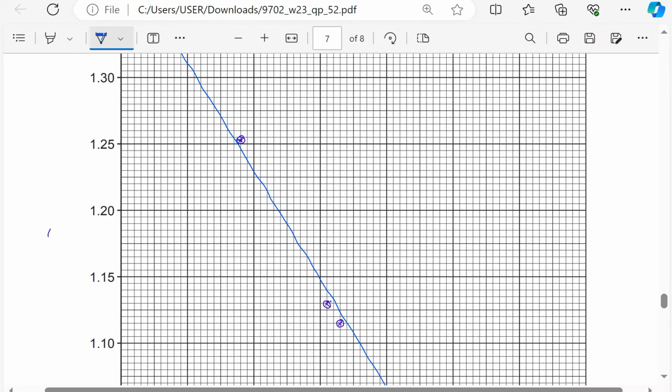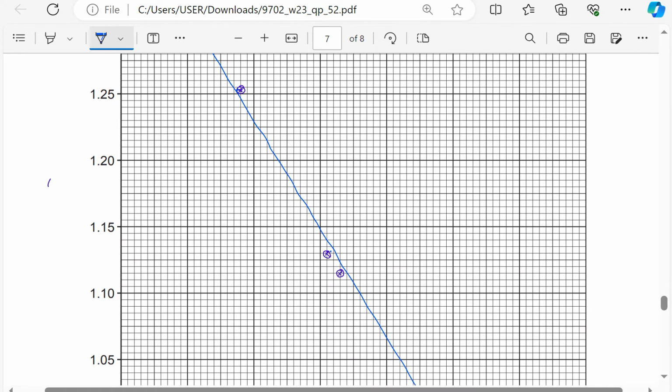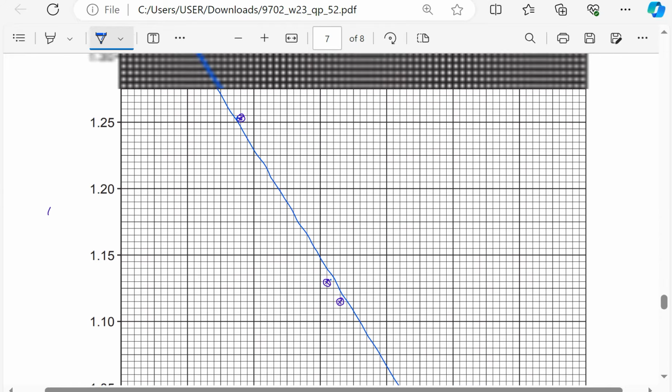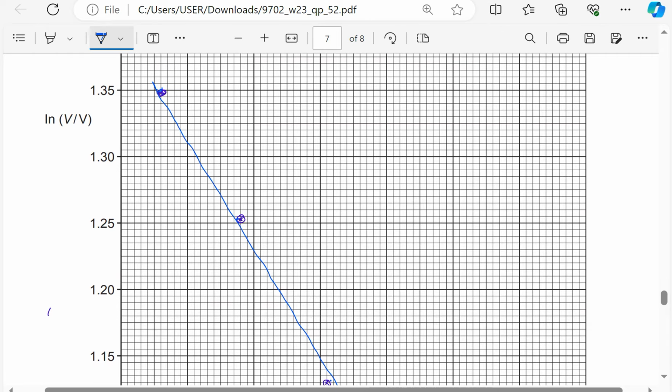I can't just extend it downwards; it doesn't really make good sense. I have to put the line once to ensure that the points are balanced. So I'll just use this line. You can draw a better line of best fit. So using this line, which I've just drawn, I will label it: this is the line of best fit, or best fit line.